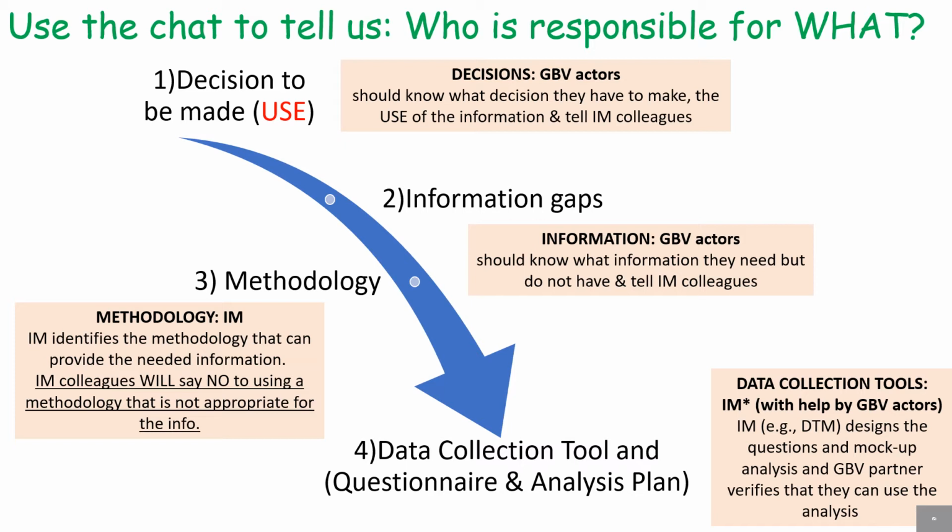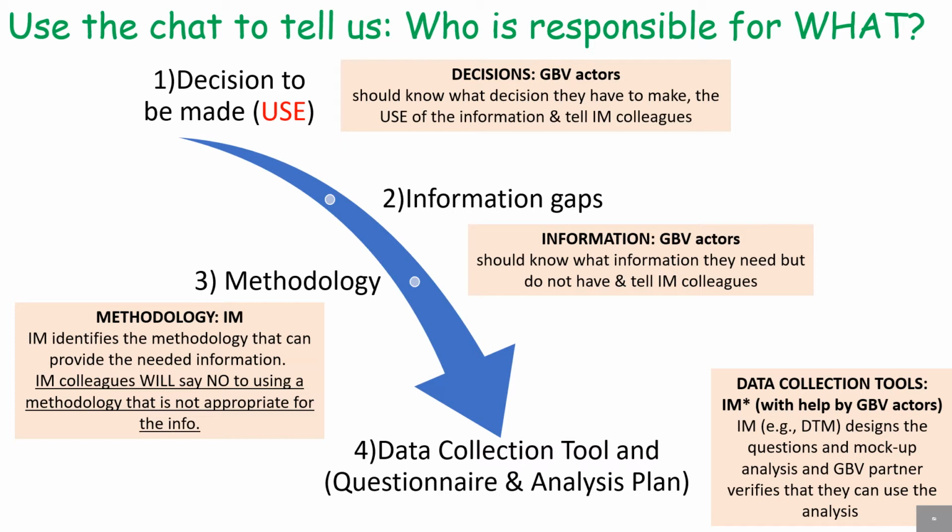Is it information management? Is it enumerators, DTM teams, or GBV experts? Information management colleagues will design the data collection tools they will use, but GBV colleagues will advise on language and verify that the expected results correspond to the information they need.